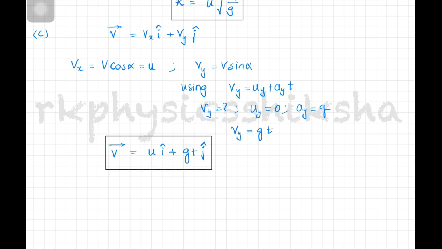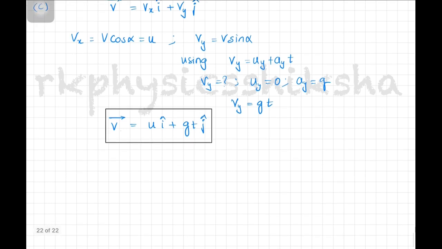At any instant t. Now what is the magnitude of this velocity? The magnitude of V bar, modulus of V bar, is equal to V, which we can also write as root over Vx square plus Vy square plus 2 Vx Vy cos theta, but theta will be 90 degrees, so that term gets cancelled out.